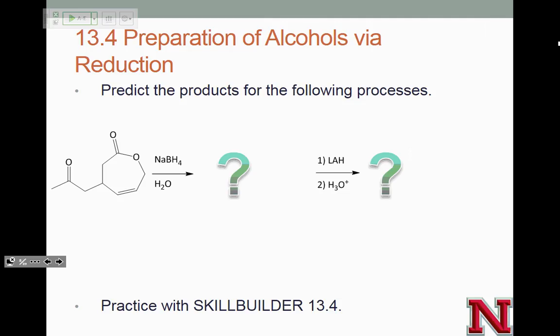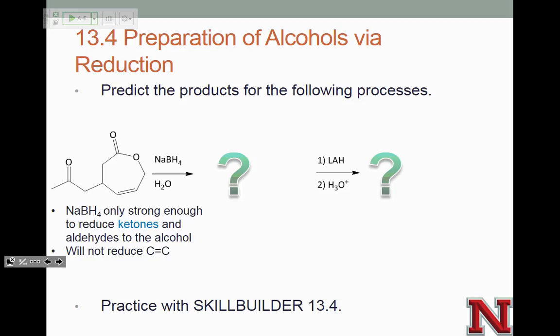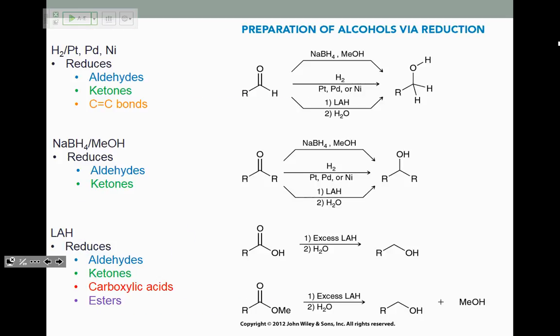So looking at this example, we're reacting this with sodium borohydride and H2O. Oh, one thing I wanted to note, none of our reagents will reduce aldehydes over ketones or ketones over aldehydes. So if you're reducing a ketone, you're reducing an aldehyde as well. We don't have any difference in reduction for those.